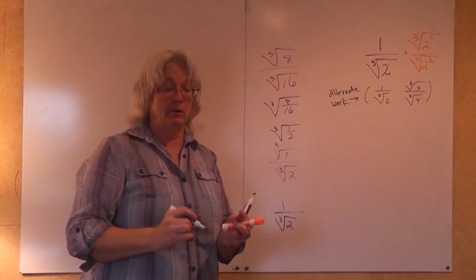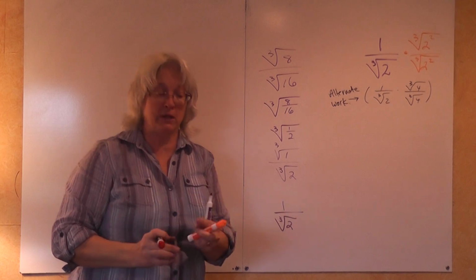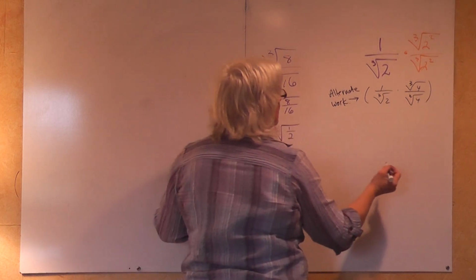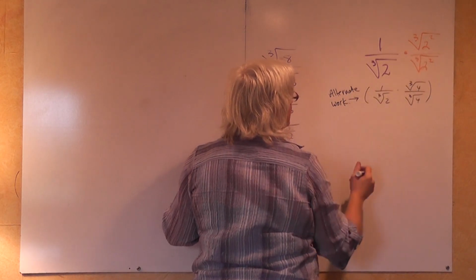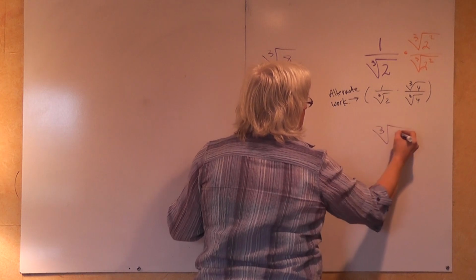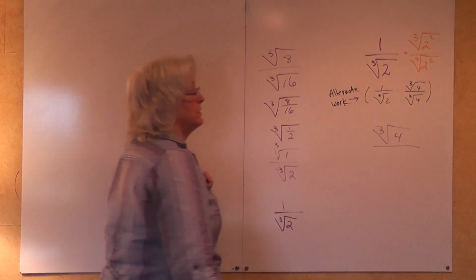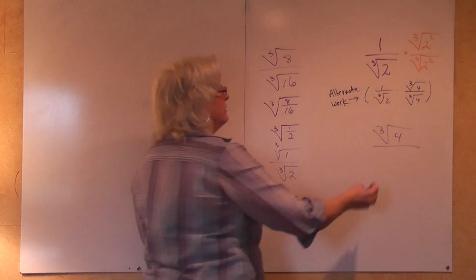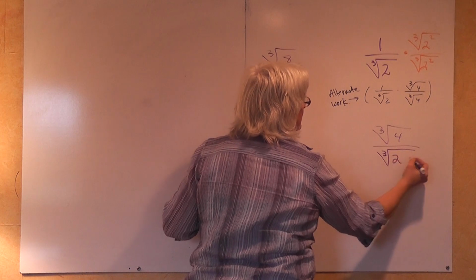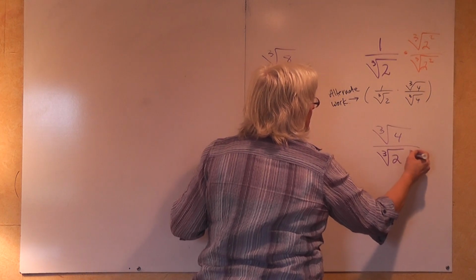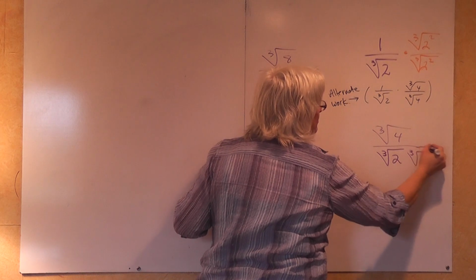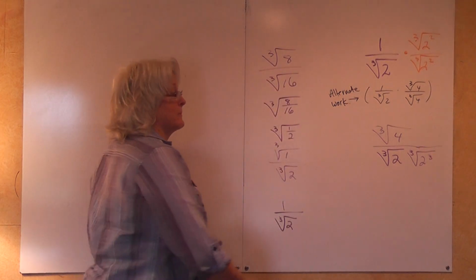Okay. Now, what are we going to have when we multiply those numerators and those denominators together? We're going to have 1 times the cube root of 2 squared. That becomes the cube root of 4 divided by the cube root of 2 times the cube root of 2 cubed. Didn't need to rewrite that there, but I did.